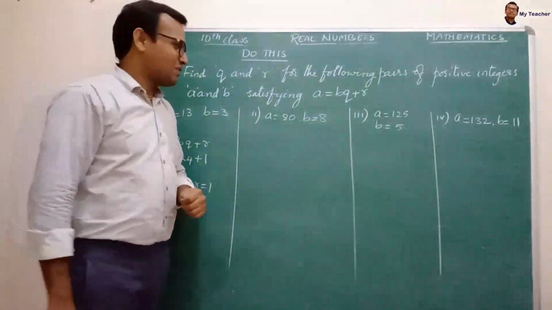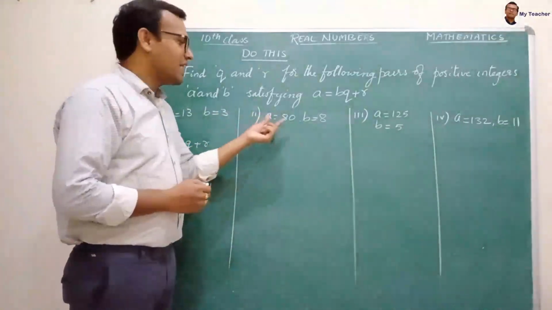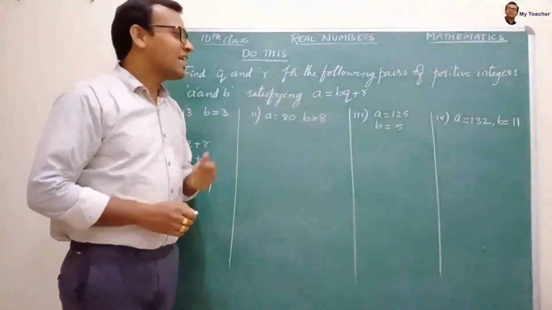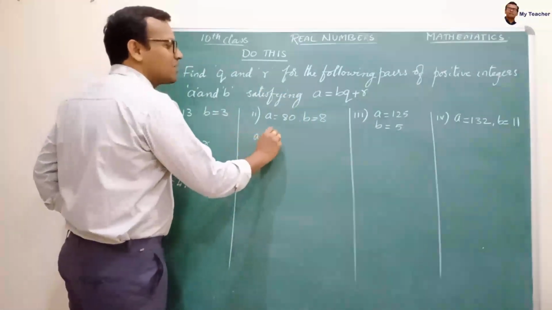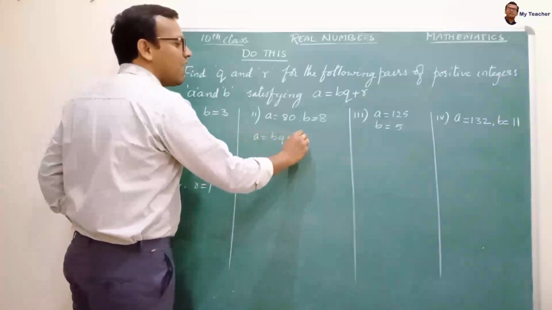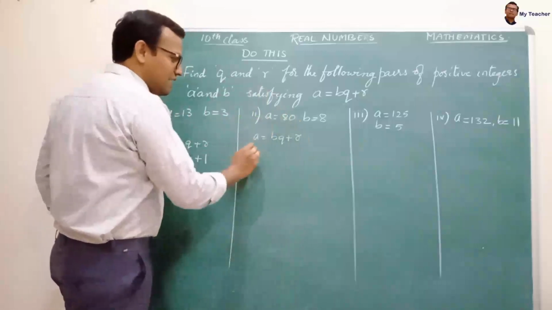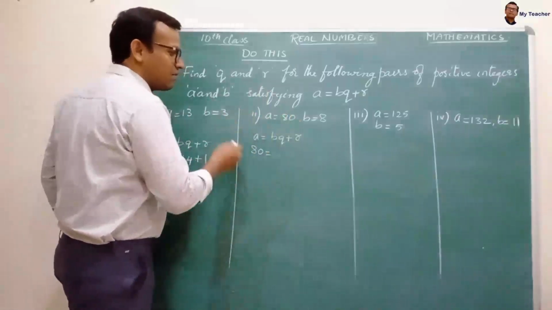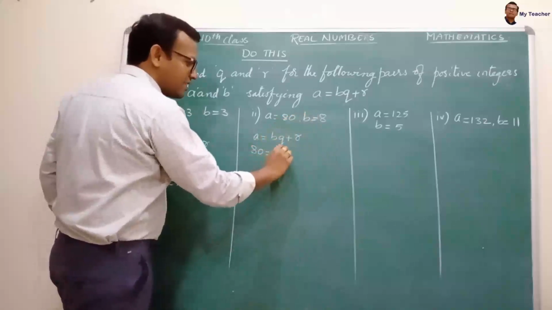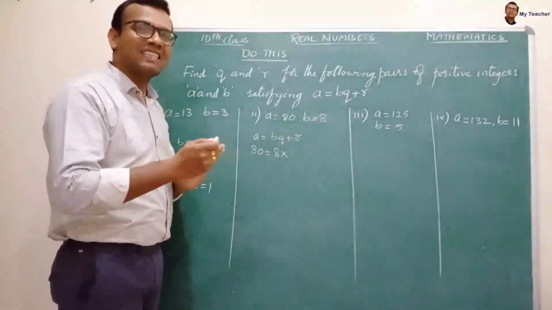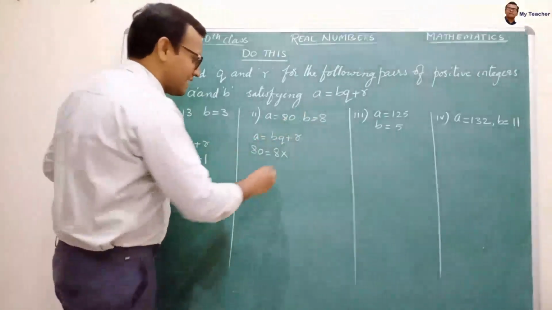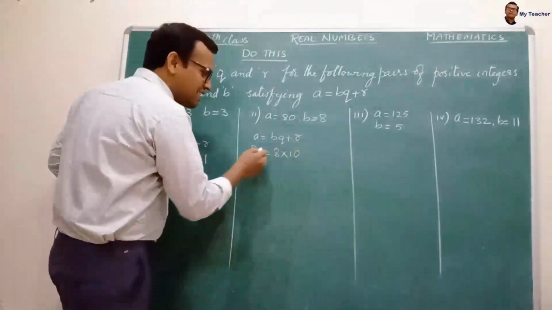We'll move to the second one. Pretty simple one. A value is 80 and B value is 8. And the given relation is A is equal to BQ plus R. A is 80 and B is 8. So how many times? 8 10 times. 8 tens are 80.